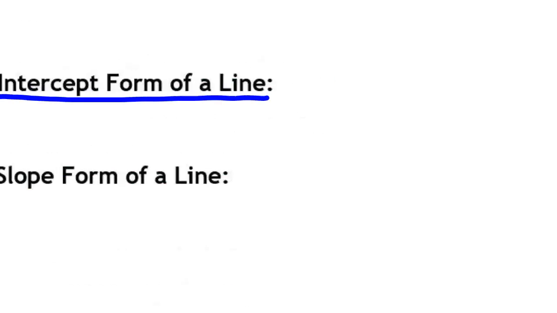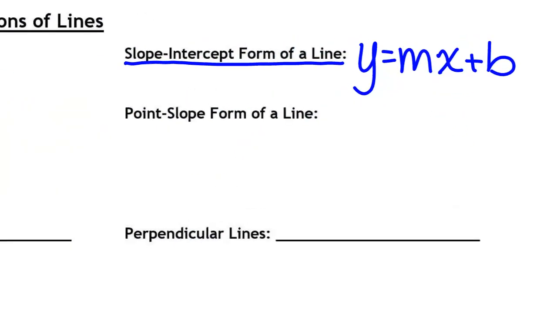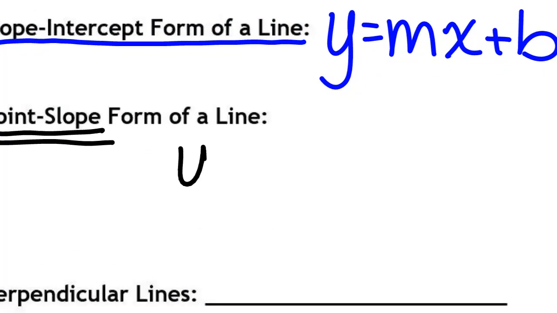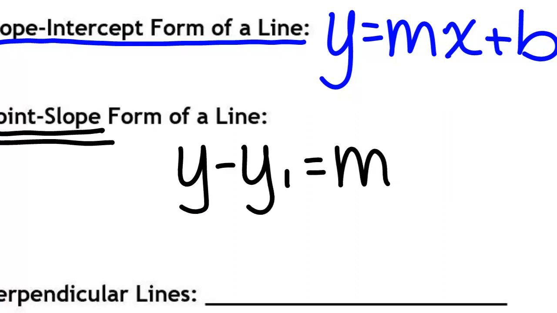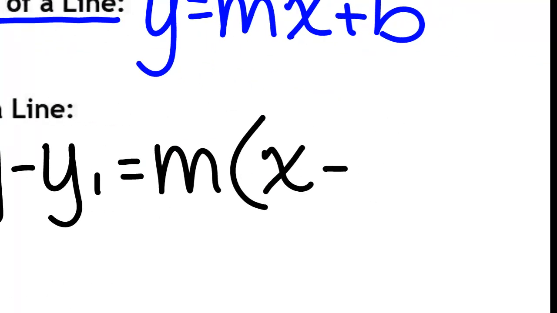Slope-intercept form of a line: y equals mx plus b. Point-slope form of a line is y minus y1 equals m, and then parentheses, x minus x1.